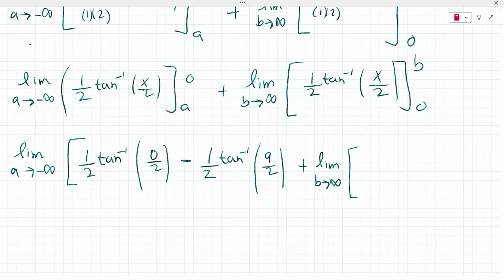And then this is going to be 1/2 tan inverse of b over 2 minus 1/2 tan inverse of 0 over 2.